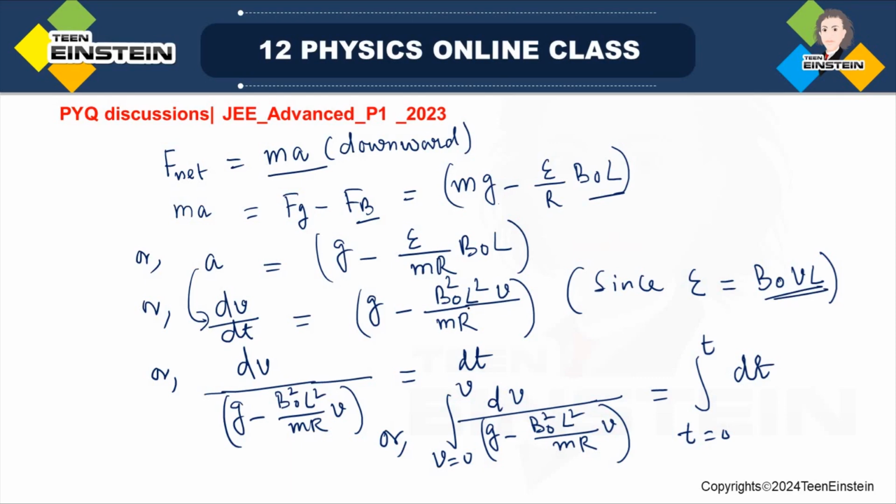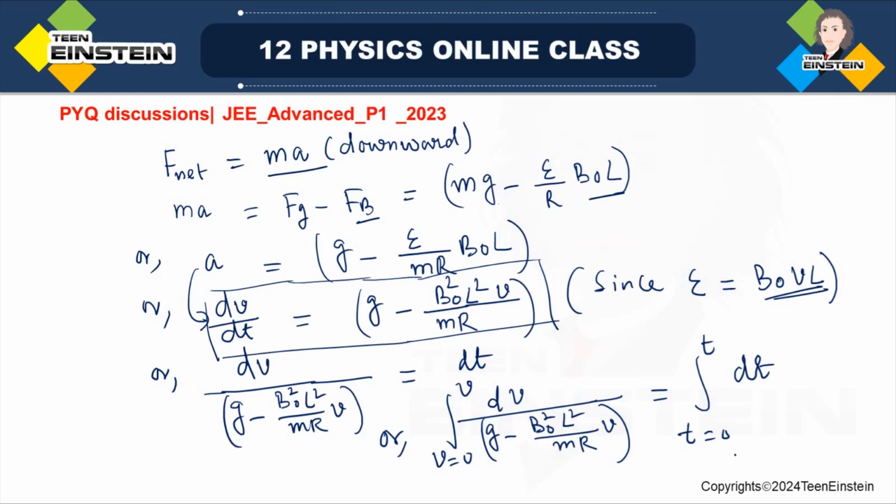So ultimately I get this: dv by dt is equal to g minus B naught square L square v by mR, if I put E equal to B0 V L here.